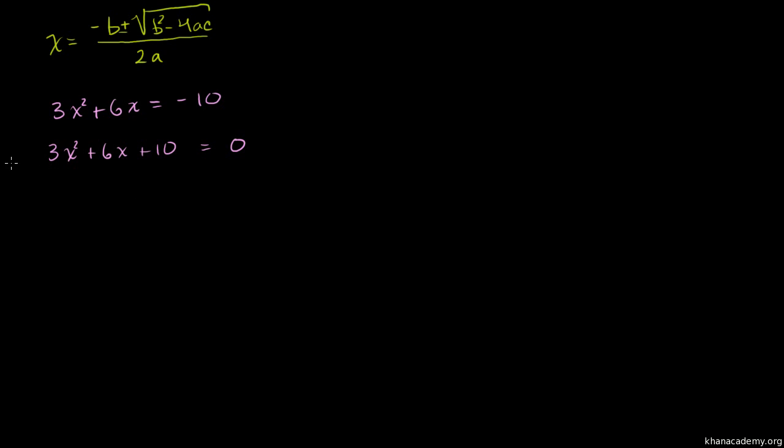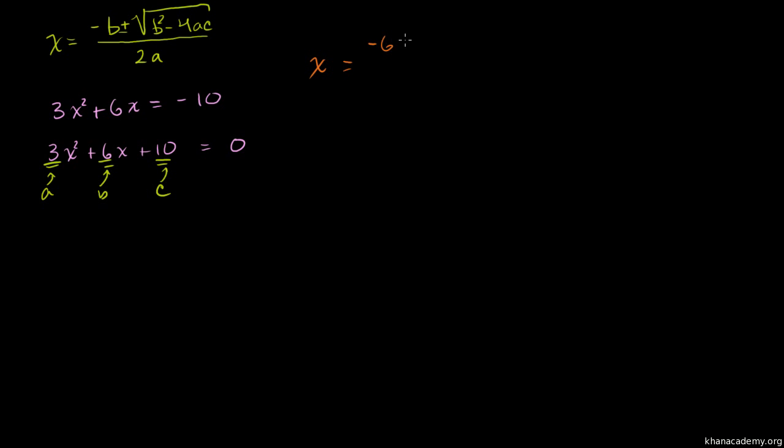So let's apply it here. So a is equal to 3. That is a. This is b. And this right there is c. So the quadratic formula tells us the solutions to this equation, the roots of this quadratic function, I guess we could call it. X is going to be equal to negative b. B is 6.